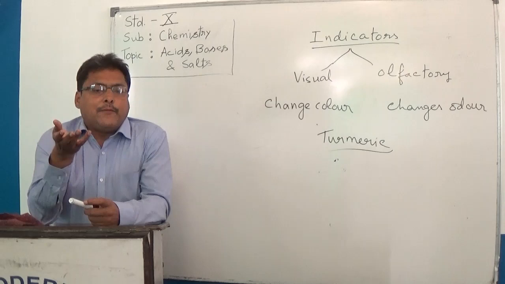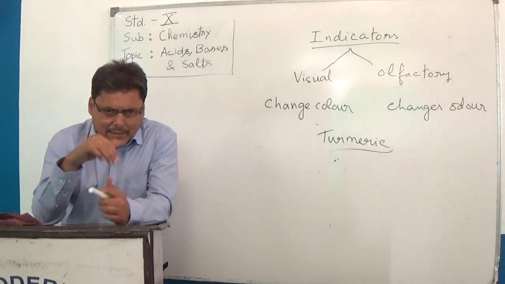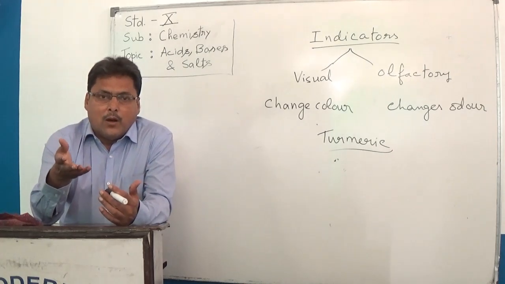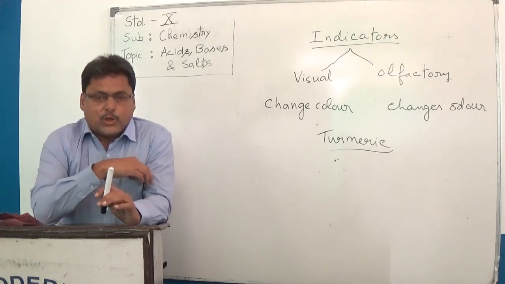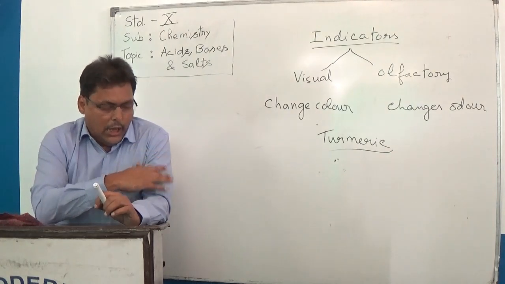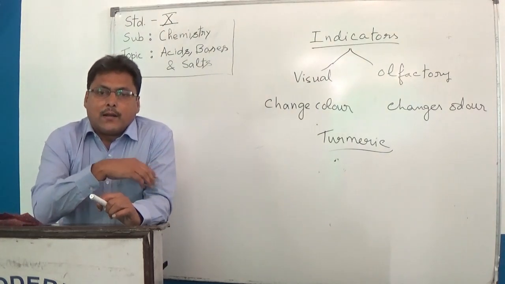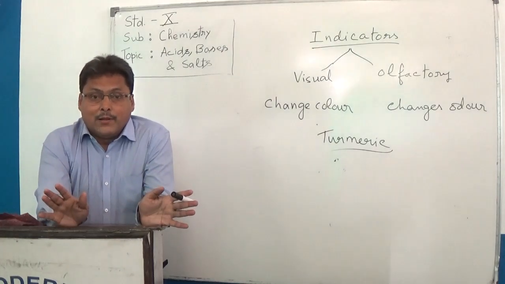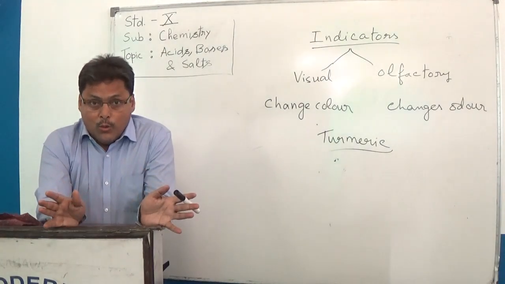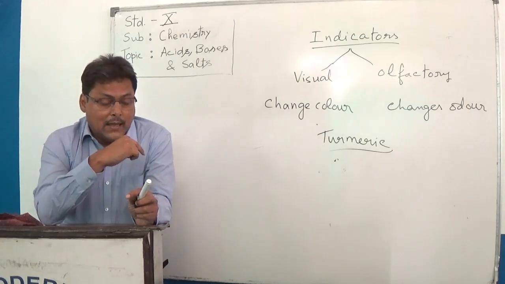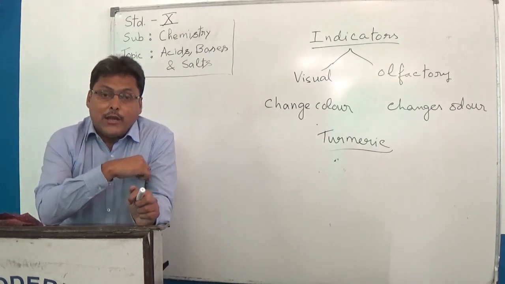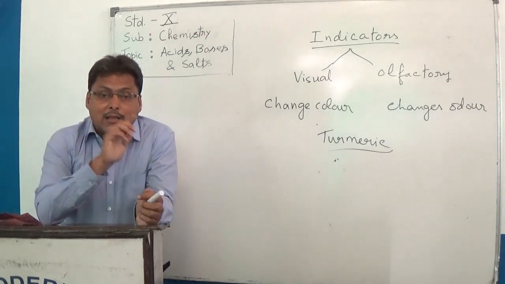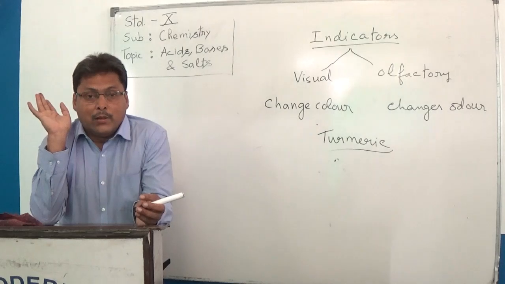Sometimes you have seen that if you have by accident put some on your shirt and made it a yellowish color, and then you try to wash it with soap water so that your mommy doesn't know, you will see that the color will not go, it will only change, it will become reddish brown.